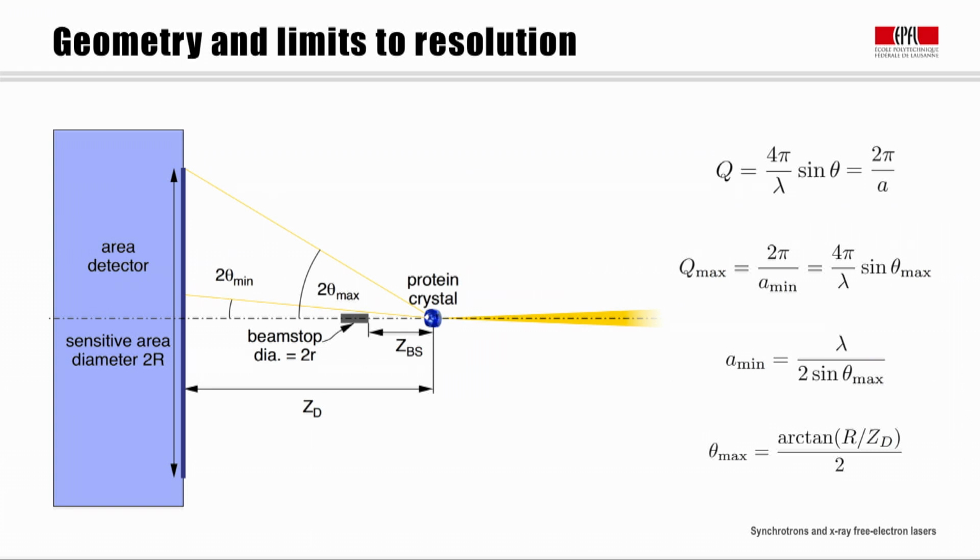From this, it's a trivial exercise to show that the maximum scattering vector Qmax, which equals 2π divided by the minimum detectable feature, A min, is equal to 4π over λ sin θ max, or A min is equal to λ divided by 2 sin θ max. The smaller λ and the larger θ max, the better the theoretical resolution.